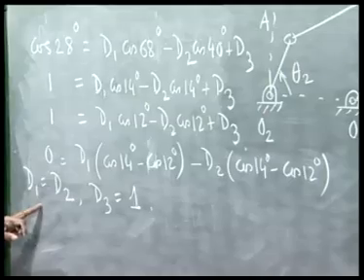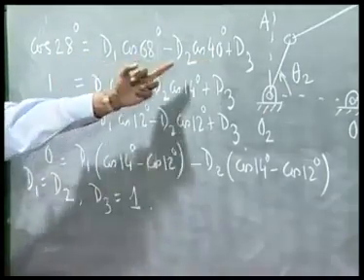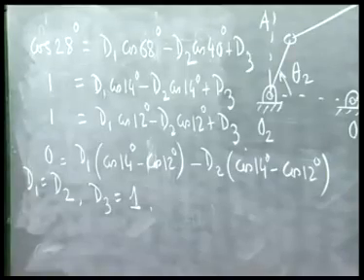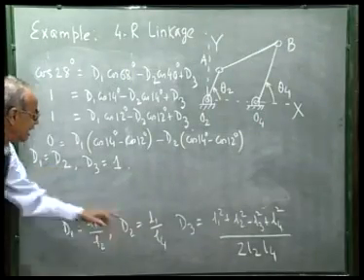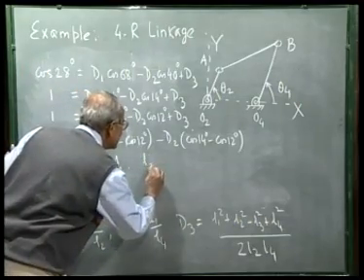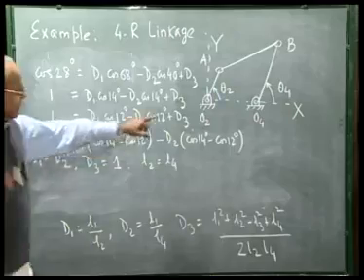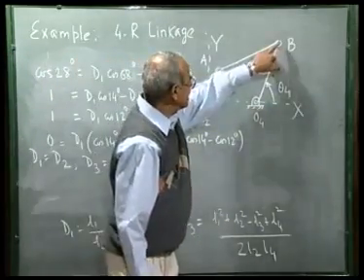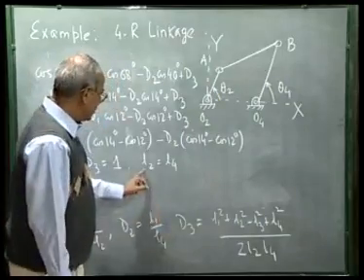And what is the value of d1 I can get by substituting d3 equal to 1 and d1 equal to d2 in these equations. The thing to note is, if d1 is equal to d2, that clearly tells me L2 is same as L4. That means the crank length and the follower length are equal, and d3 is 1 and L2 equal to L4.